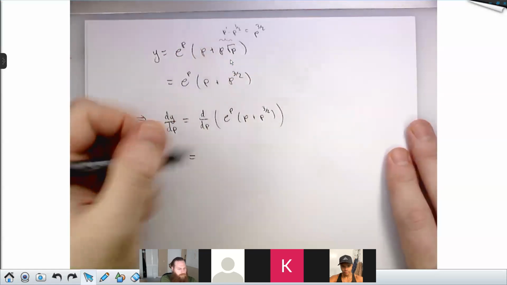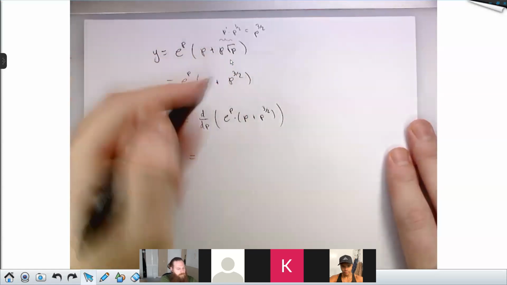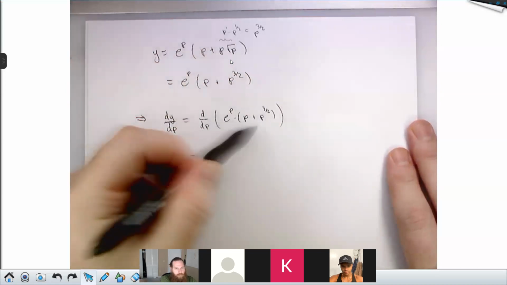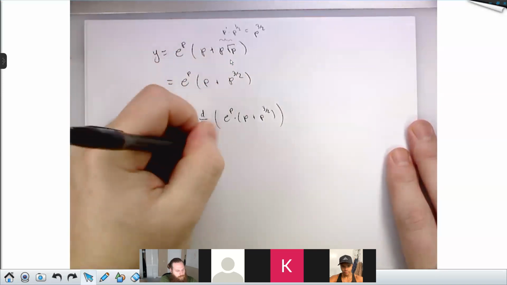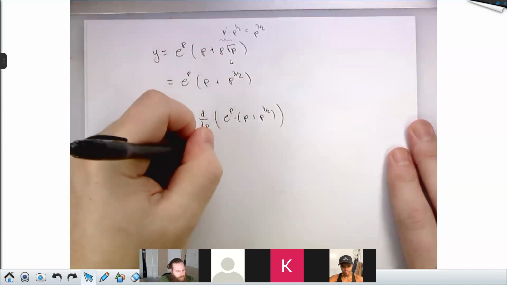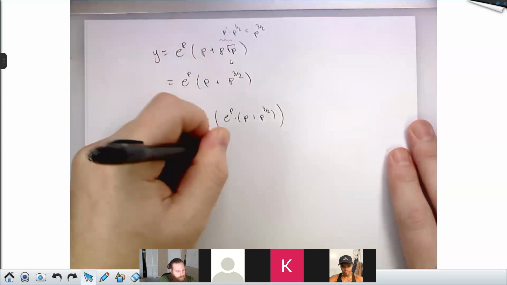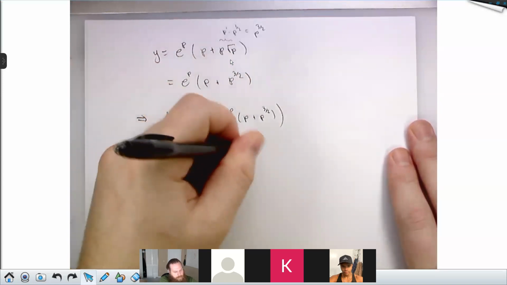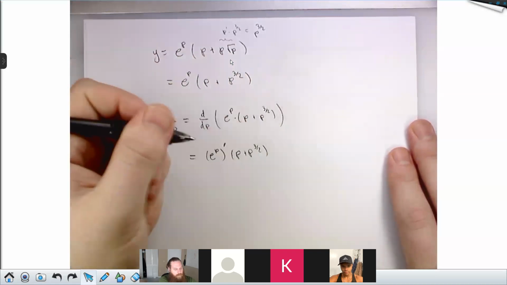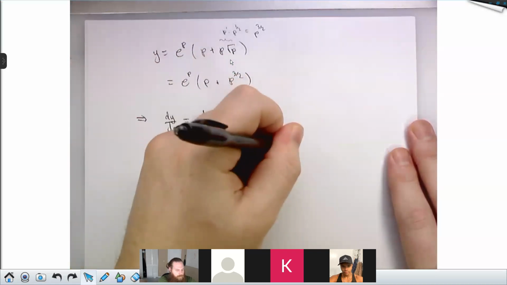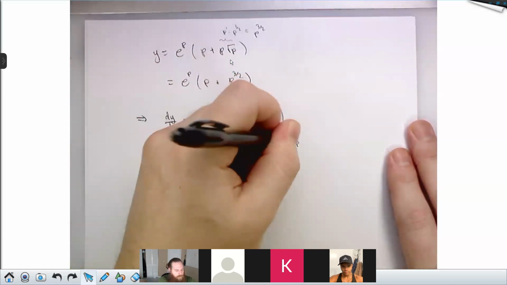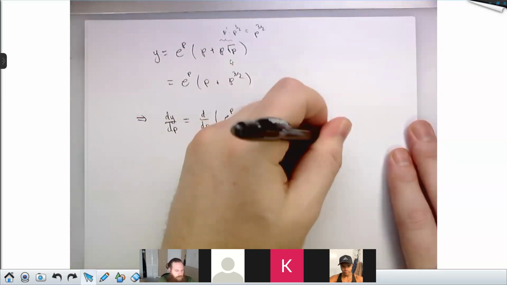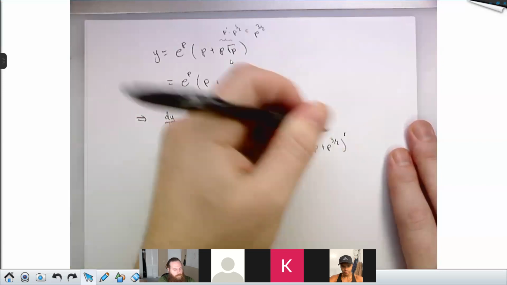I'll switch to the prime notation now if that's okay. So I've got one function here and another function here, and they're being multiplied. So if I want to differentiate their product, this is going to be e to the p primed times p plus p to the 3/2 left alone, plus e to the p left alone times p plus p to the 3/2 primed.